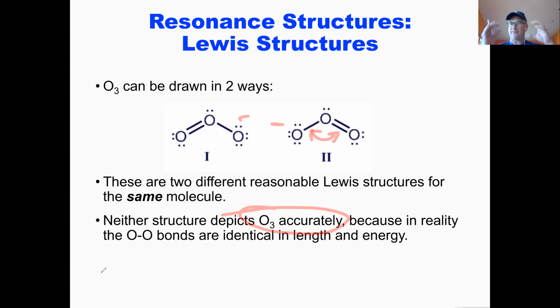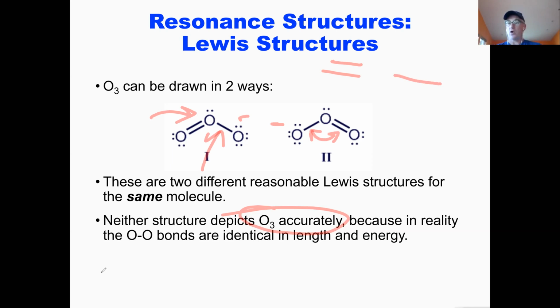So we can look at the frequency that these bonds both bend and stretch. If this was a double bond and this was a single bond, we would expect two different frequencies for stretching, one for a double bond and one for a single. We don't see that. We would also expect two different bond lengths. Double bonds are generally shorter than single bonds.